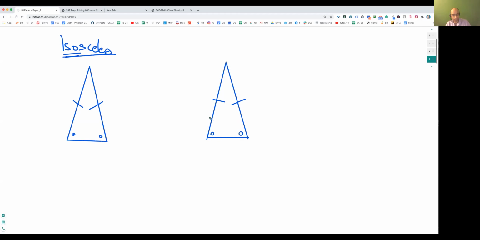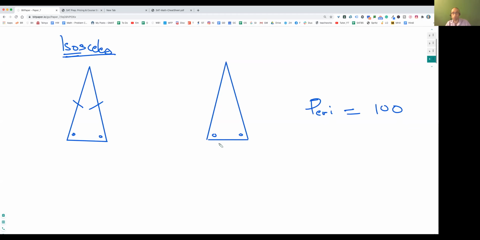So let's take an example. Let's say you're given that these two angles are equal, and the perimeter, which means the sum of all the sides, is equal to, let's say, 100.